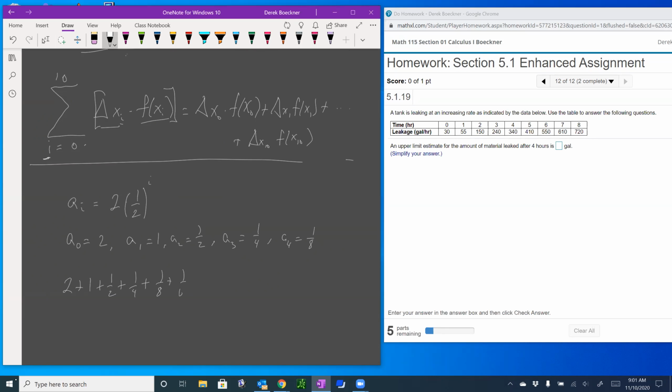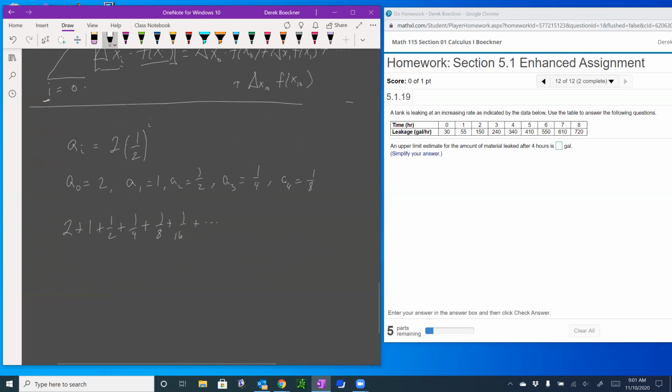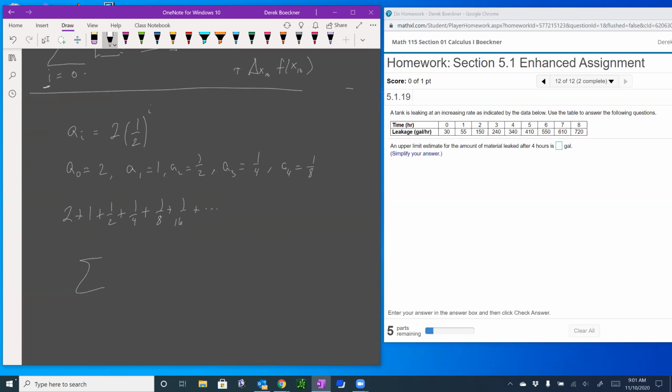And so if I wanted to add up 2 plus 1 plus 1/2 plus 1/4 plus 1/8 plus 1/16 plus dot dot dot forever, what I could say is add up from i equals 0 to infinity a sub i. Or we could write in the expression: add up i equals 0 to infinity 2 times 1/2 to the i.